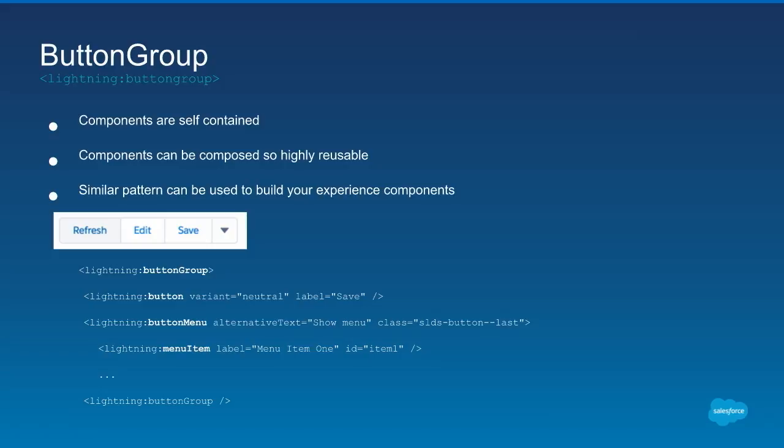In this case, it's refresh, edit, and save. And all of this is a button group. And each of these is self-contained and works independently really well. So you can have a button menu, which is that little down arrow icon with a menu overflow. The button works independently by itself. But when you put it all together, it still works.